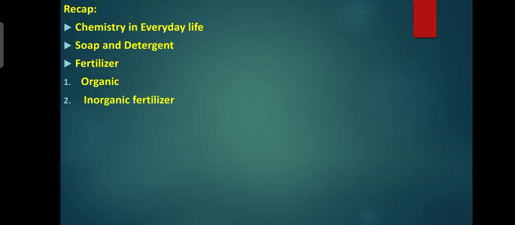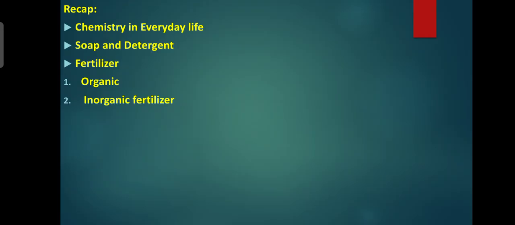Now move on. Organic fertilizer. Fertilizers containing only plant or animal based material, or those synthesized by microorganisms, are called organic fertilizers. These fertilizers can be prepared easily. These types of fertilizers are economical.